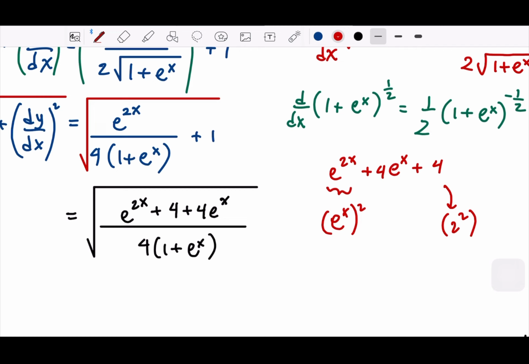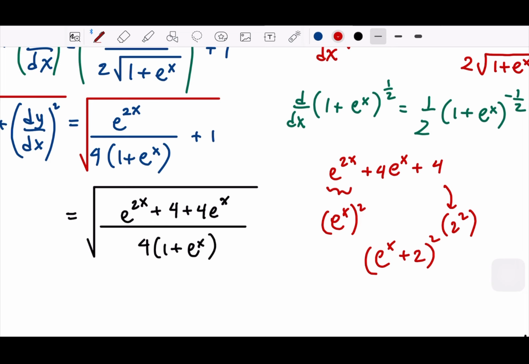If we take e to the x plus 2 and then squared, I think that is how we can get 4e to the x: 2 times 2 is 4, and e to the x. So I think this is the form that we can conclude from this equation. And how to get this is actually, you need to get into the habit.